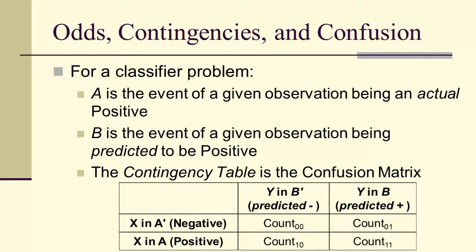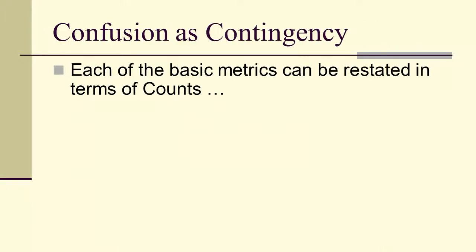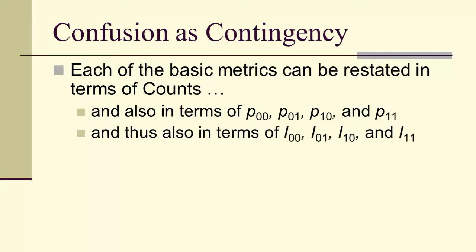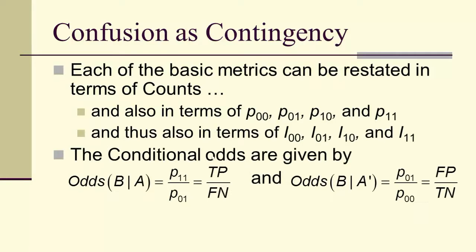And we can think of these in terms of counts. And because each of these basic metrics can be restated in terms of counts, that means they can also be restated in terms of these small probabilities, these index probabilities. And therefore, they also can be restated in terms of the informations.